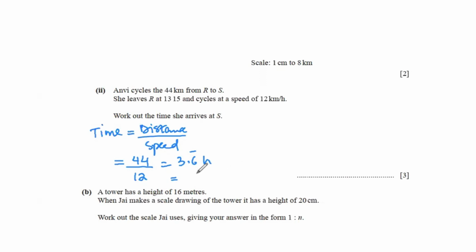So that's in hours. So to break it down into hours and minutes, the number before the decimal, that is our hours, so 3 hours. And the number after the decimal, which is going to be 0.6 recurring, we times that by 60. So 0.6 recurring times by 60 basically gives us 40 minutes. So this is how you break down the time in hours to hours and minutes.